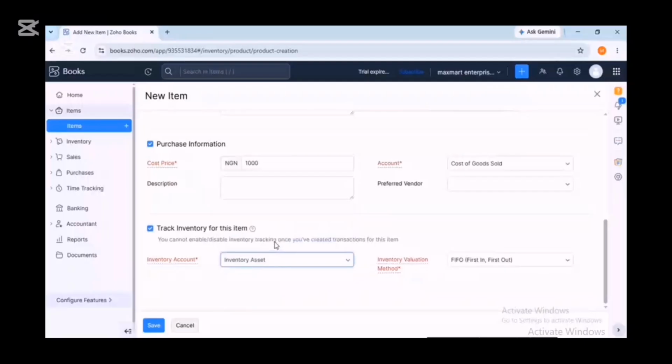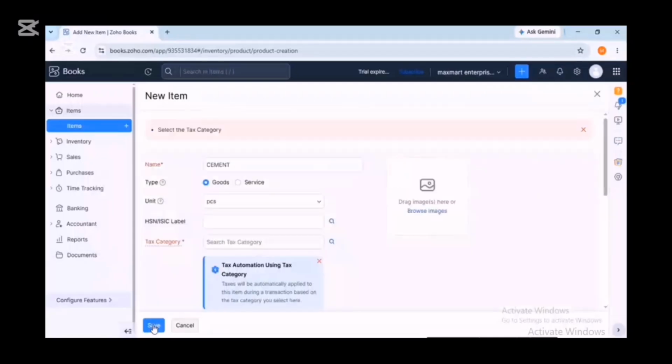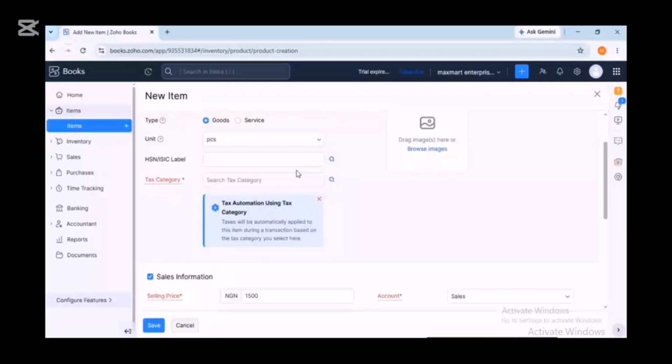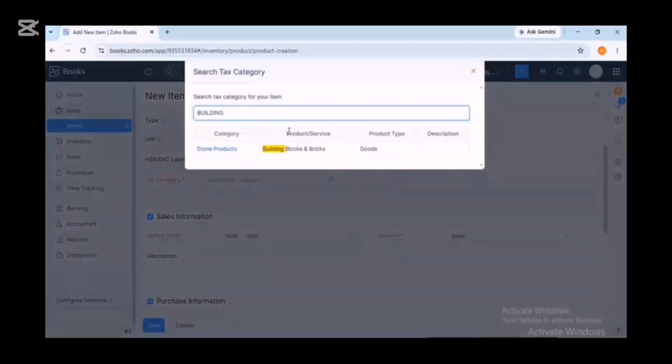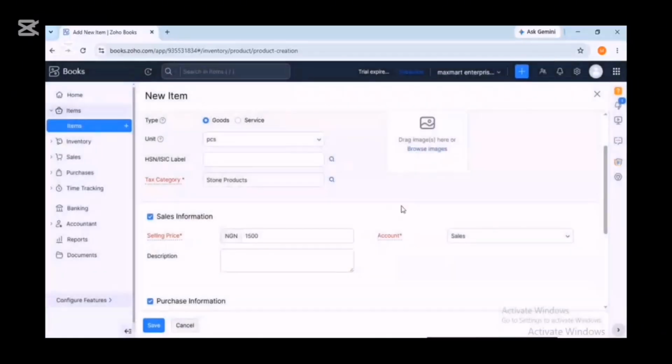Okay, inventory account. That's the inventory asset where it will be found in the balance sheet or the statement. Alright, let's set up the category because of the sake of tax. So the category in terms of whether it's a zero rated or vatable item. So it's a building stone product. That's what to select.